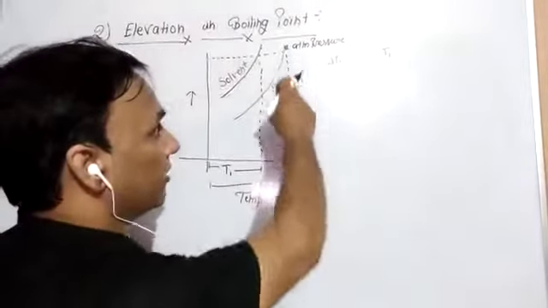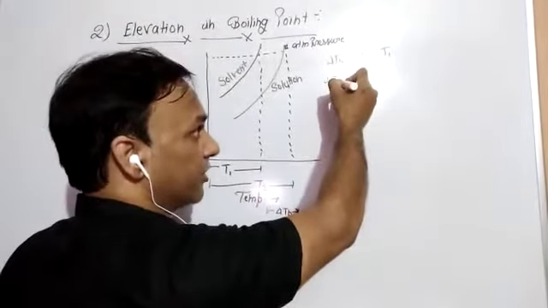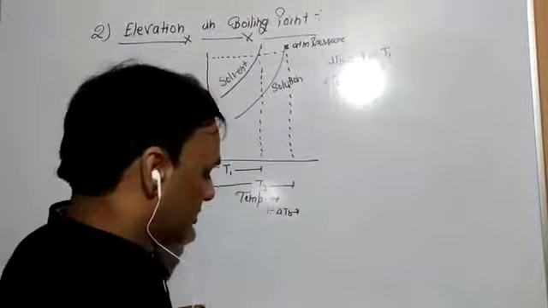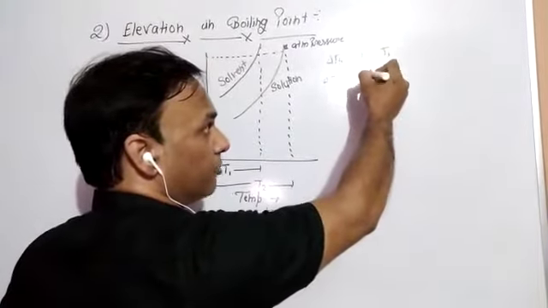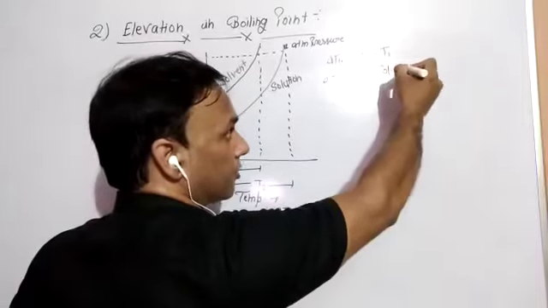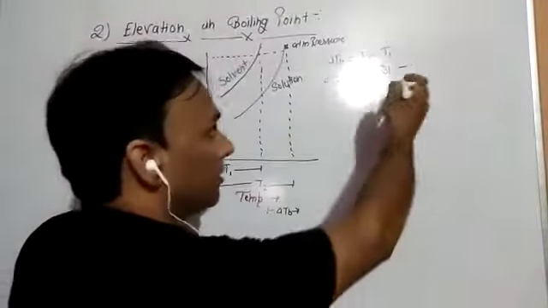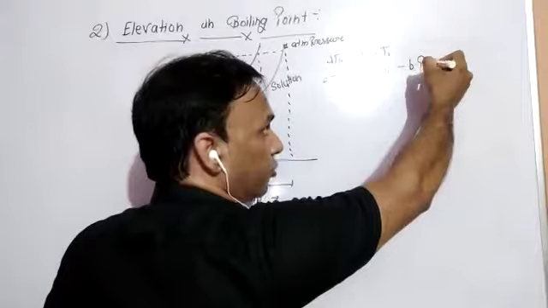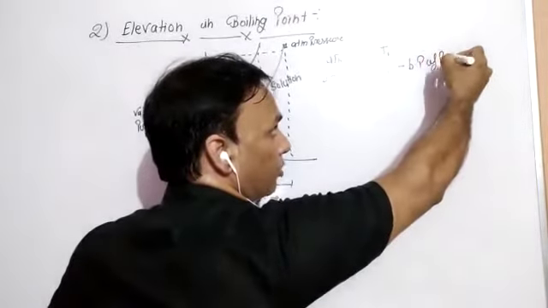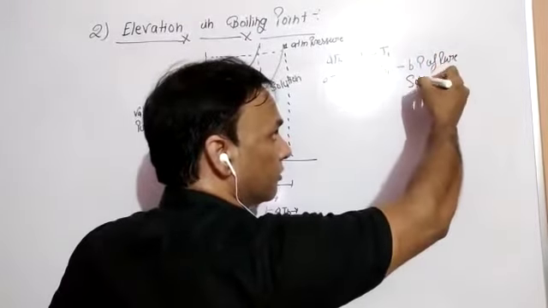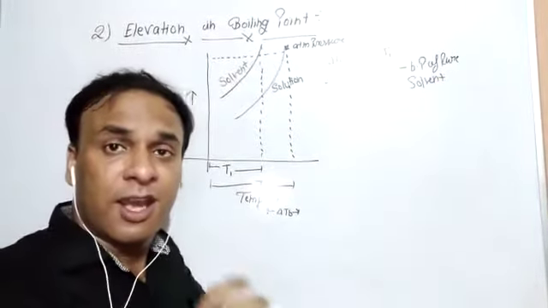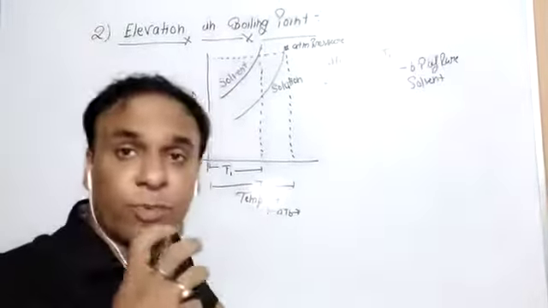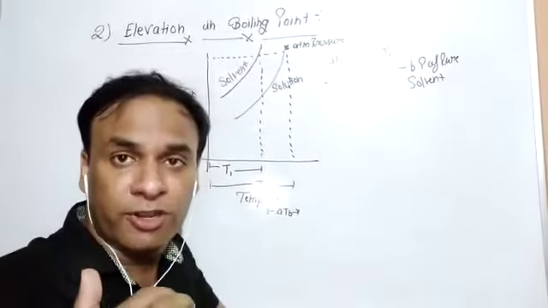T2 is the boiling point of the solution, while T1 is the boiling point of the pure solvent. Got it? And here delta TB is the elevation in boiling point.